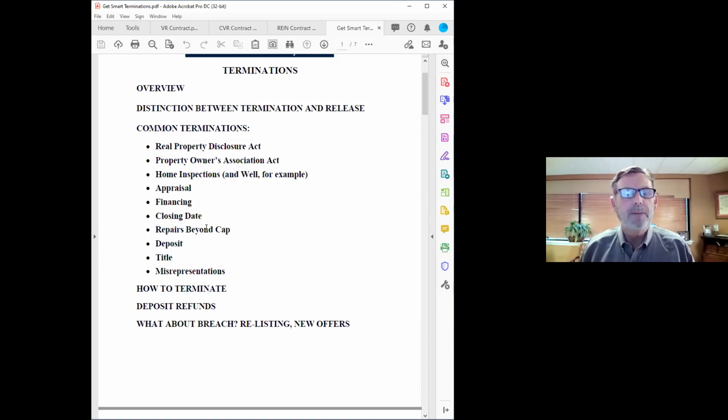But I might, for example, send a notice of termination that says buyer is terminating under the Property Owners Association Act, paragraph 7 of the contract, whatever it is, period, pursuant to that paragraph in Virginia law, buyer is entitled to a refund of their deposit within 30 days. I think one of the statutes even gives a time period. I'm confident it is. I just can't remember if it's under the Disclosure Act or the POA Act.